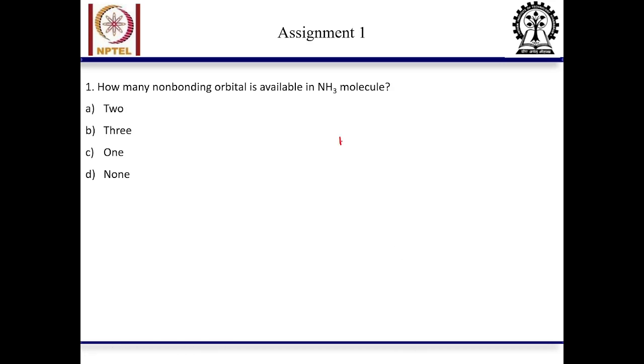So let me write about NH3. So this is N H H H. Basically nitrogen has 5 electrons. So 3 electrons will be shared with the hydrogens and one lone pair will be there on the nitrogen. So it has 3 bonding pairs plus 1 lone pair.